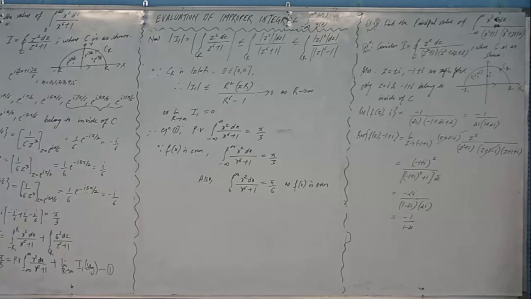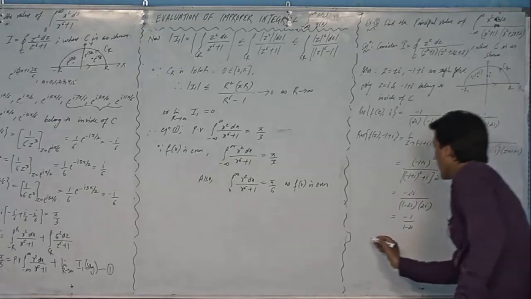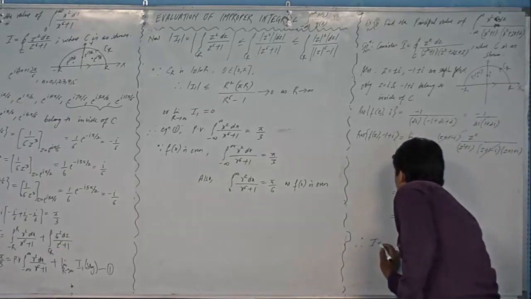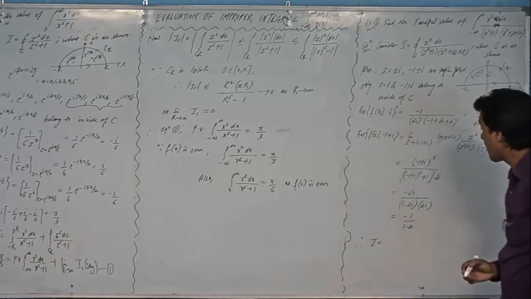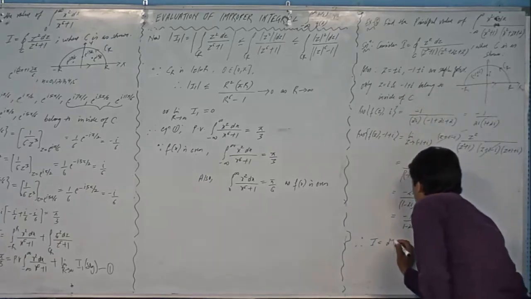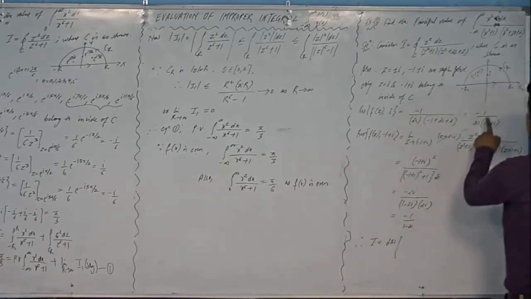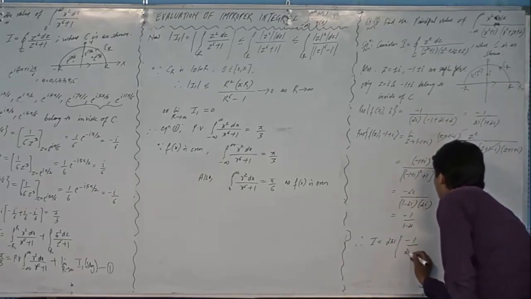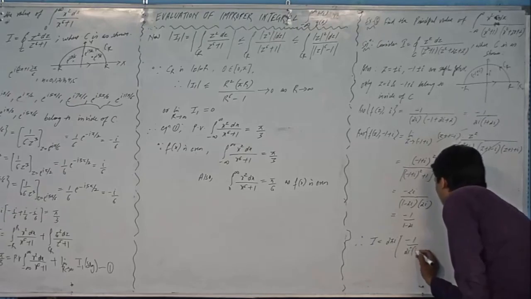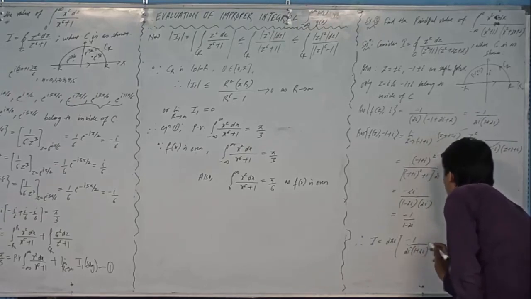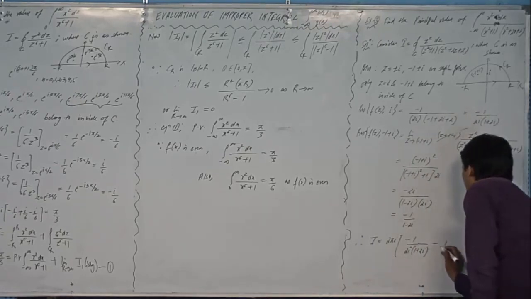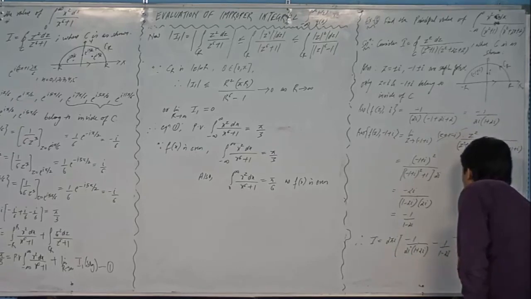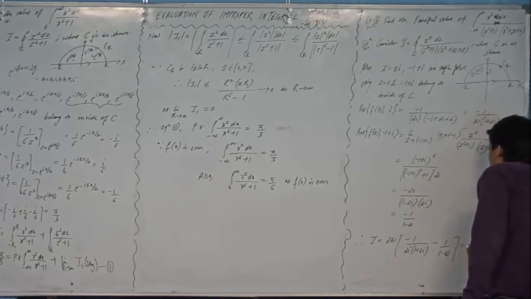Okay, now I will write therefore I equal to, using residue theorem, 2 pi iota multiplied by the sum of residues, minus 1 over 2 iota (1 plus 2 iota), and this is minus 1 over (1 minus 2 iota). Okay, should I take the LCM?